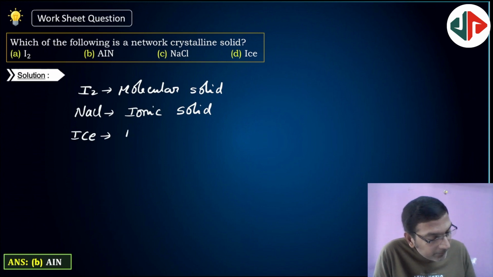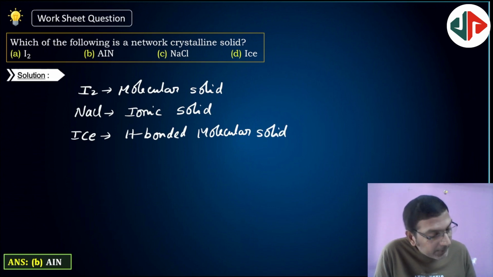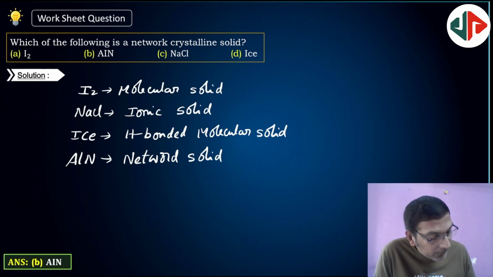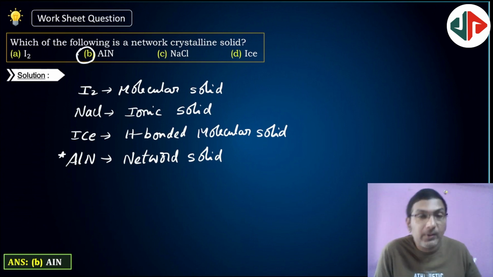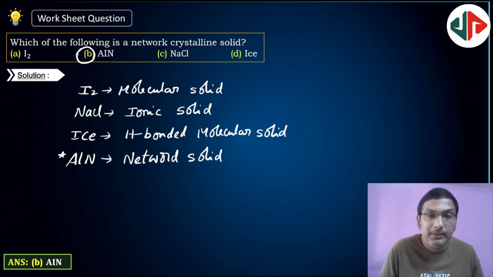H2O is also hydrogen bonded molecular solid, and AlN is network solid. Therefore, option B. Just example only.